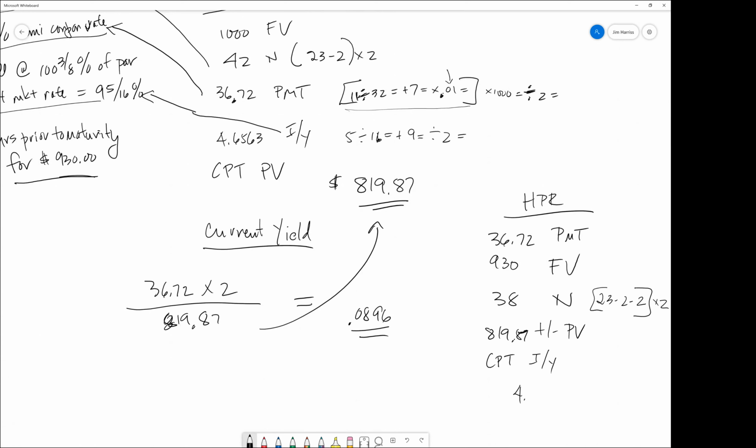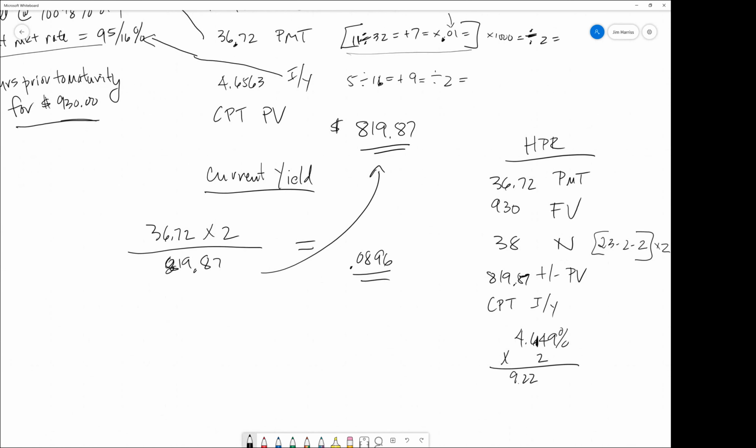You get 4.6149%. Again, that's a 6-month rate. Multiply it by 2. That's going to give you 9.2298%. And you knew this had to be greater than this number. And it is. So that means you would get almost 9.23% on your investment if you held it until 2 years before it matured, excuse me.